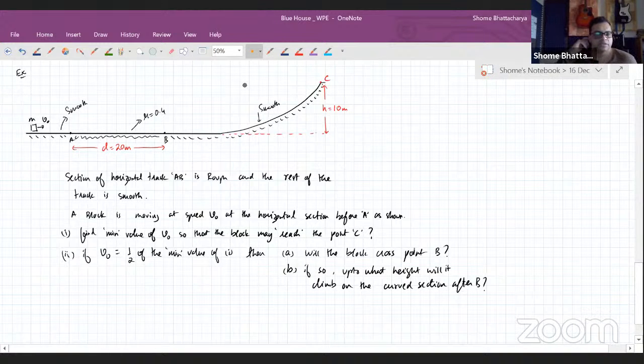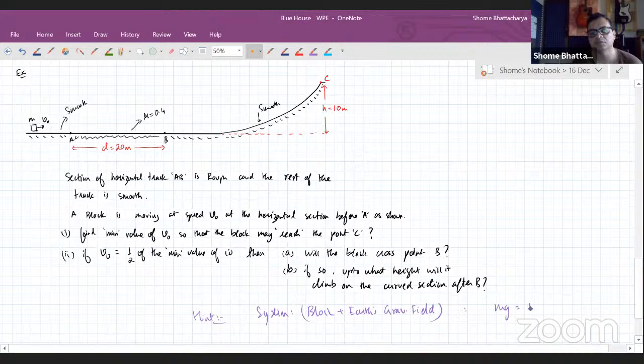Okay, so just try this out. This is a typical example of application of work energy theorem. So here what you can do is you can take your system as the block plus the Earth's gravitational field. So in this case, mg will become your internal conservative force.